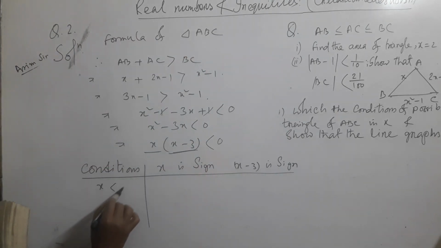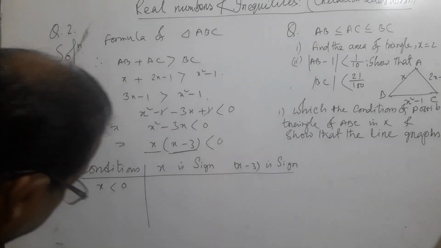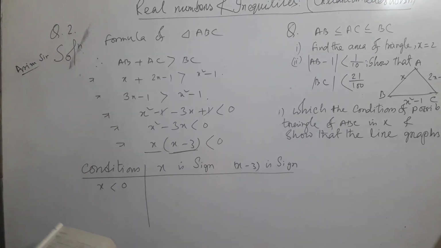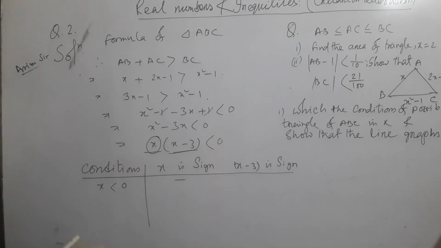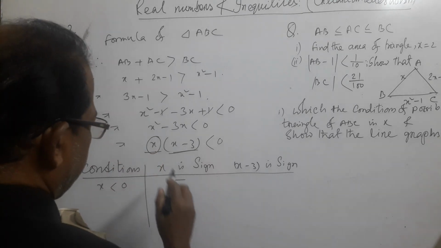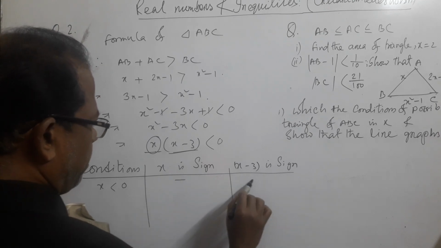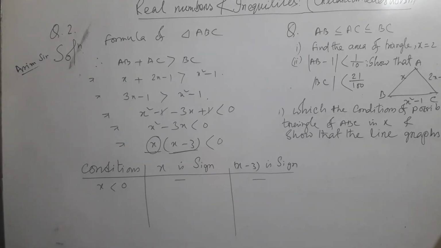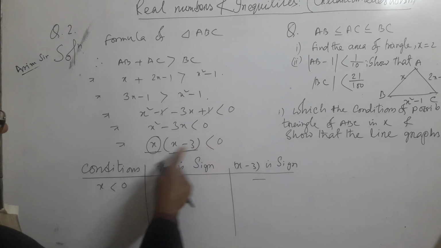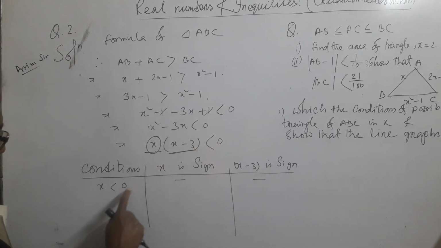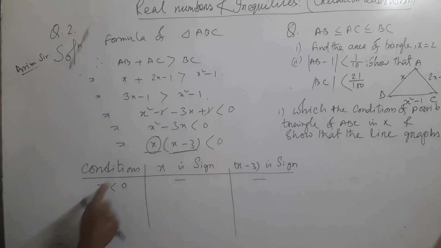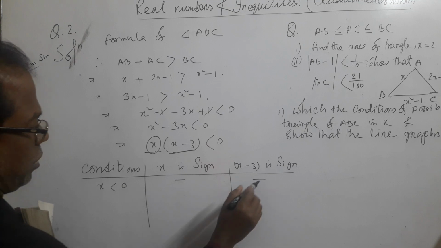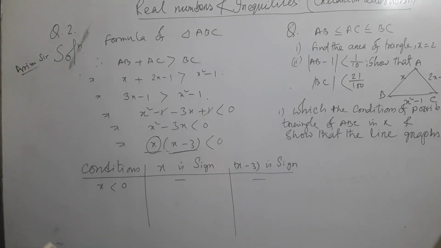Firstly, x is less than 0, so x is less than 0 means minus. তার মানে 0 থেকে x ছোট, তাহলে x is negative. 0 থেকে যদি x ছোট হয়, that means এটাও minus.